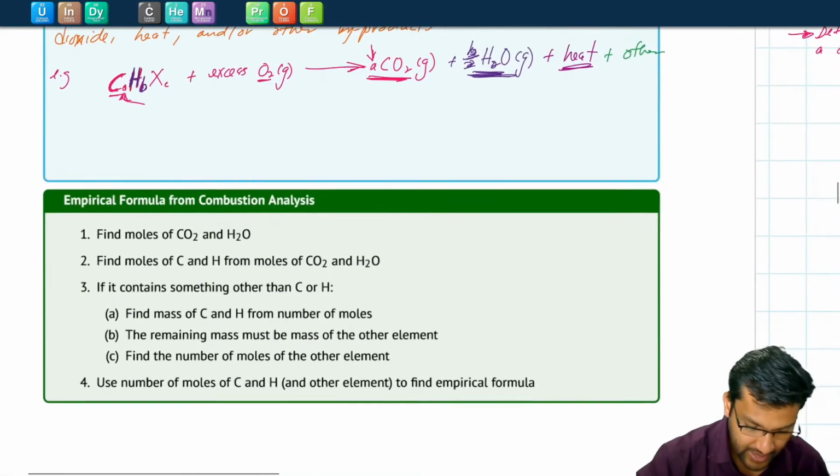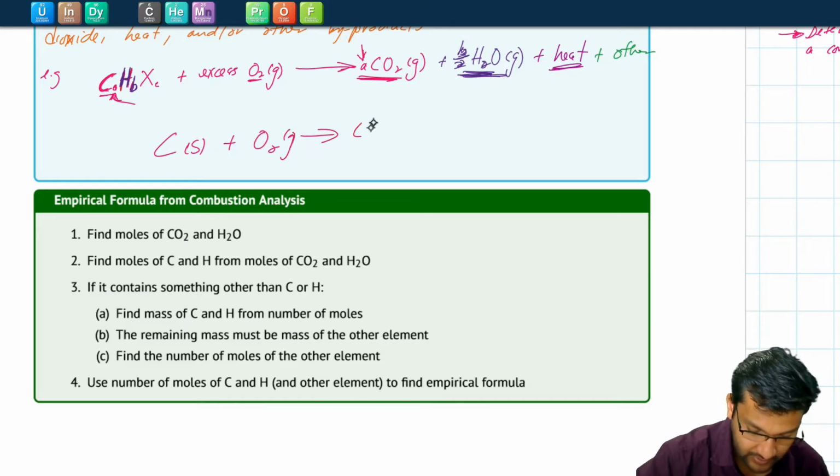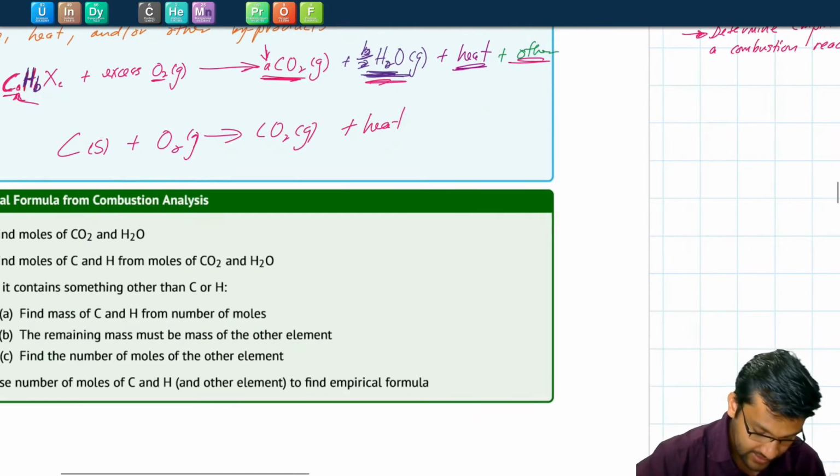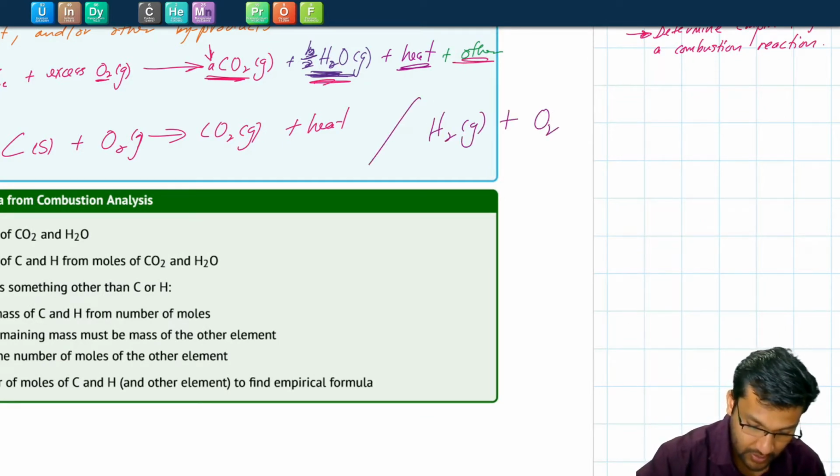Let's look at a real practical example. If you burn just regular carbon solid in oxygen gas, you'll just form CO2 gas. You won't form water or other byproducts, so it'll just be CO2 gas and heat. As another example, let's look at maybe hydrogen gas burning with oxygen.